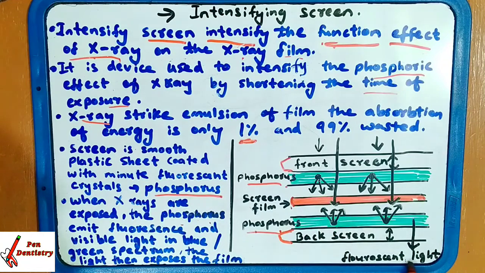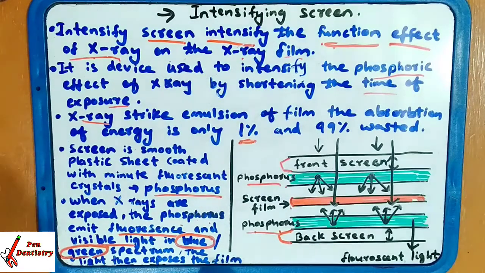It is going to emit fluorescent light as well as visible light. The phosphorus emits two things: the fluorescence as well as the visible light in a blue or green spectrum, according to the condition. The light then exposes the film.